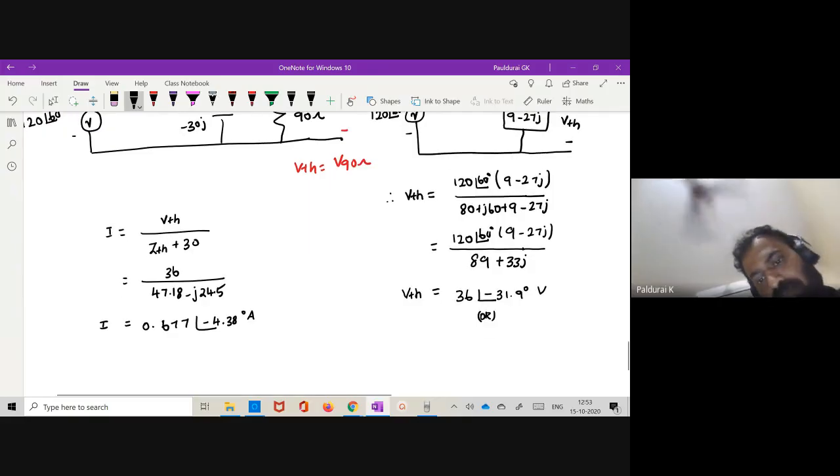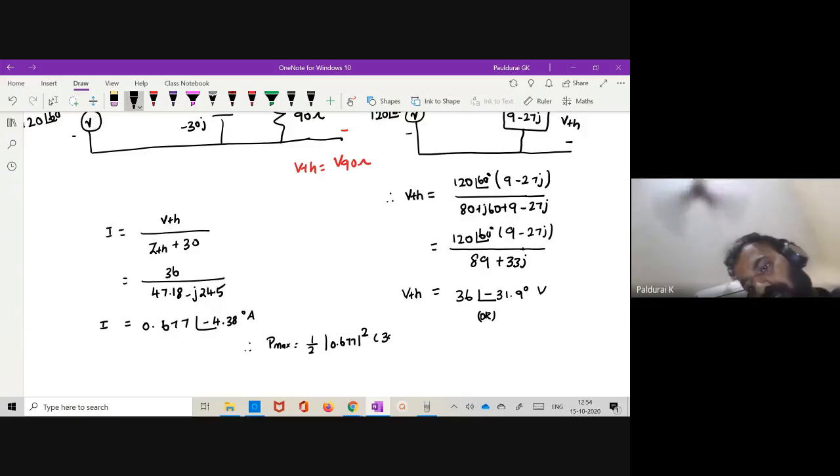Therefore, what is my P max? That is half times I squared, where I is 0.677, squared, into RL which is 30. So what is this value? This much watts.